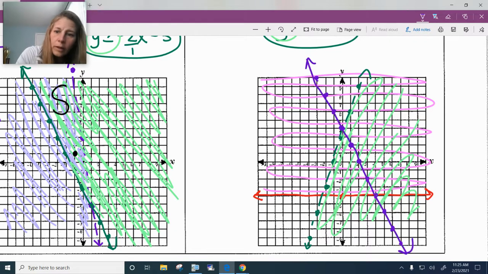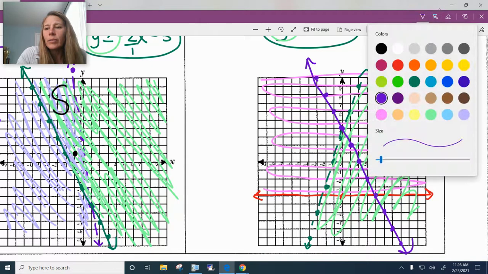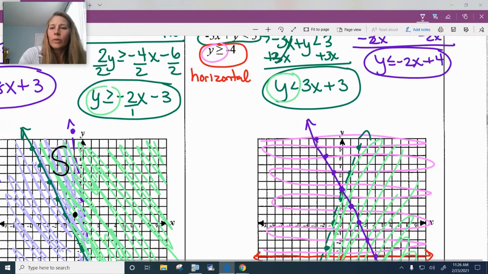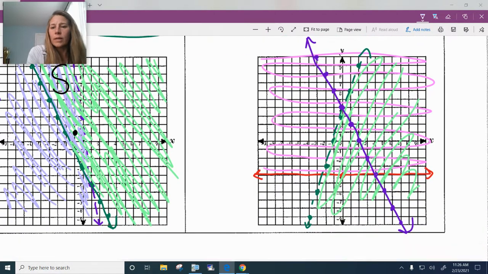Sorry, a little crooked there. And then finally, my shading is going to be less than that. So I have to go to that line, look for my y-intercept, and I know that I'm going to go less than that, but make sure you're staying under that particular line. So it's actually going to look like this.